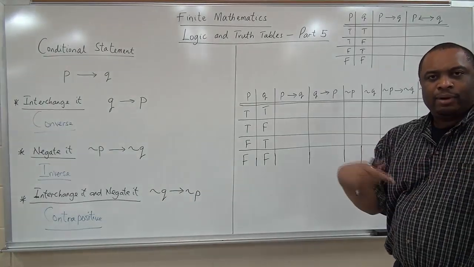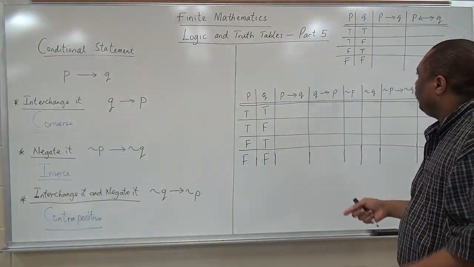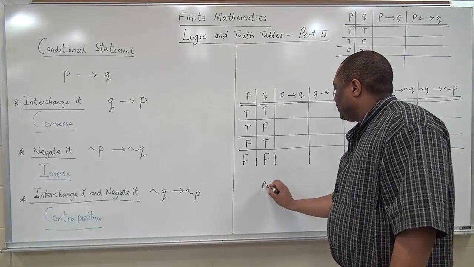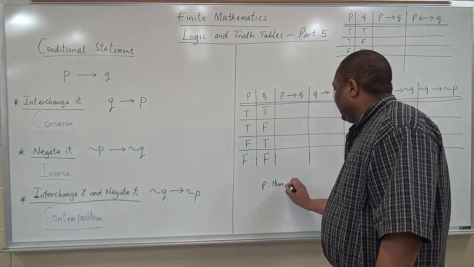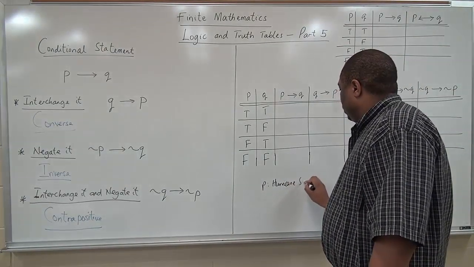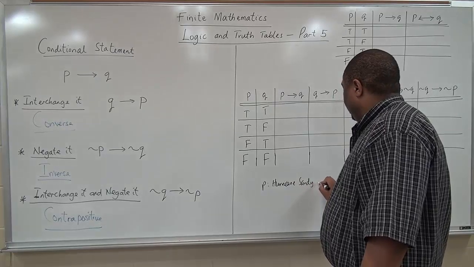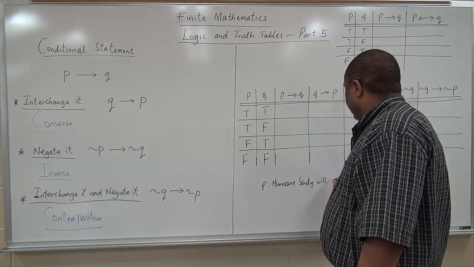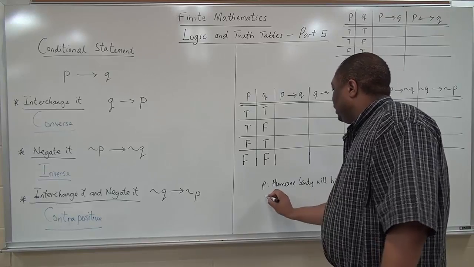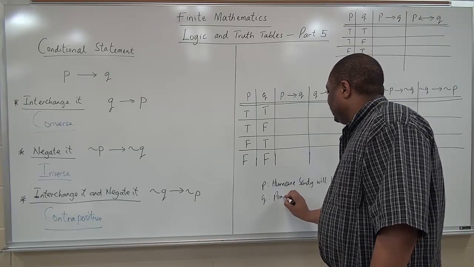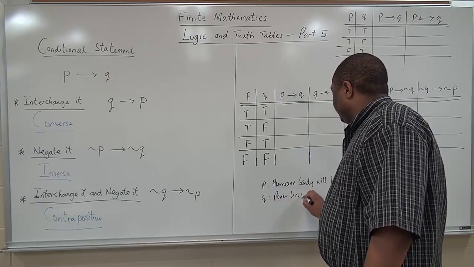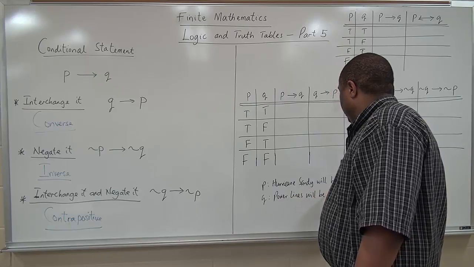we used the case of Hurricane Sandy and power lines being cut off. We said P is Hurricane Sandy will hit, and Q is power lines will be cut off.